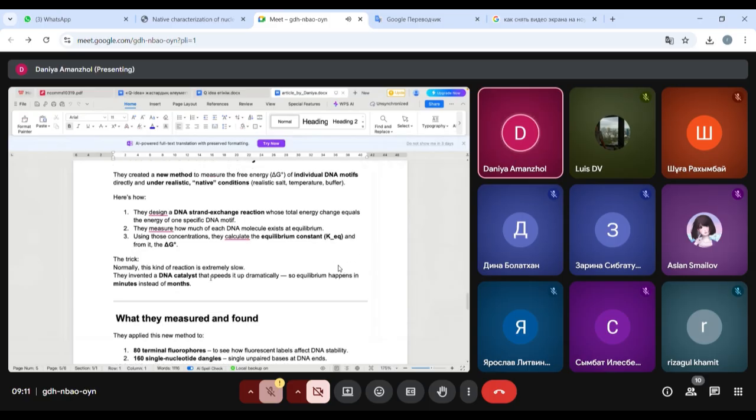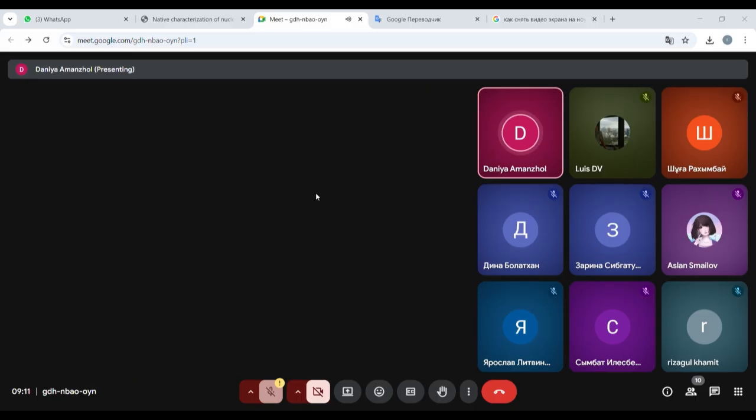The scientists use DNA catalysis because otherwise the reaction they're going to do will take 100 days, and if this happens, it will be highly prone to errors, which is not what they want.